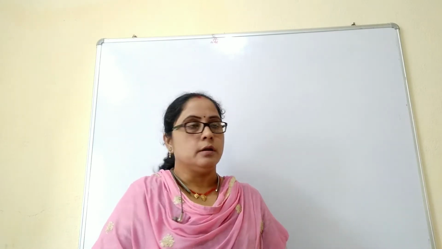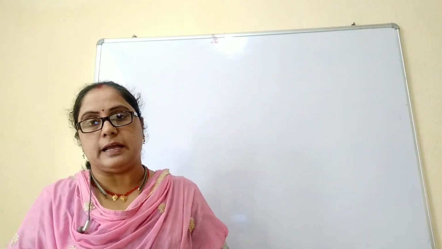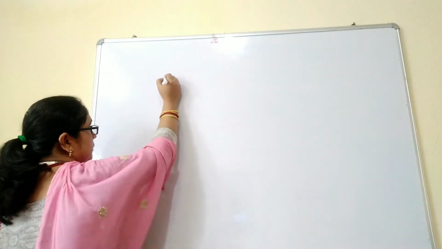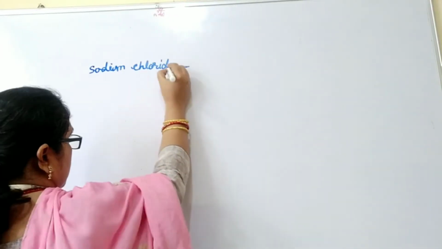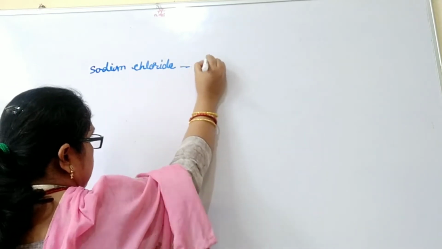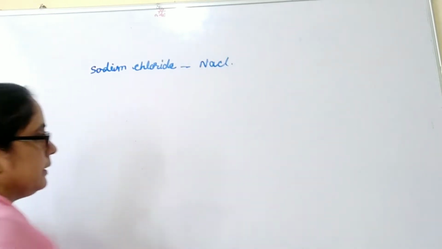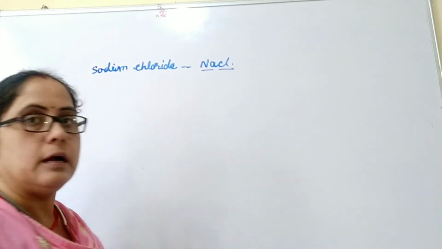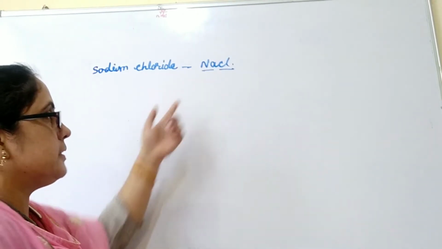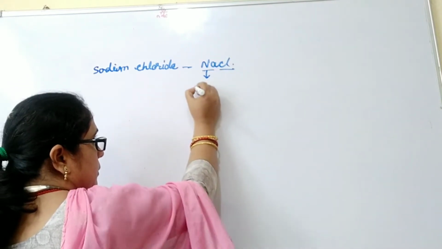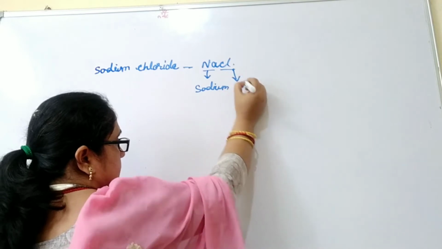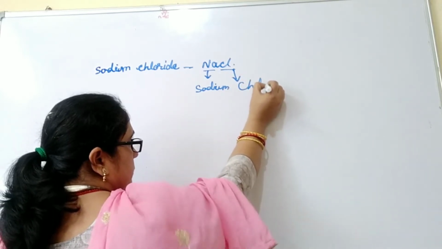Children, we have seen that in a molecule, different atoms of different elements are combined with each other. Like in NaCl, the formula of sodium chloride is NaCl. In this, two elements Na and Cl combined with each other. Na represents sodium and Cl represents the element chlorine.